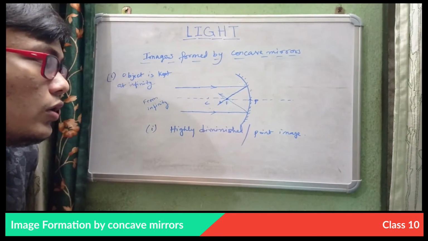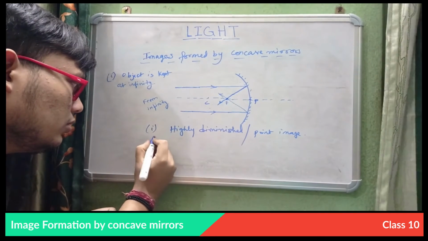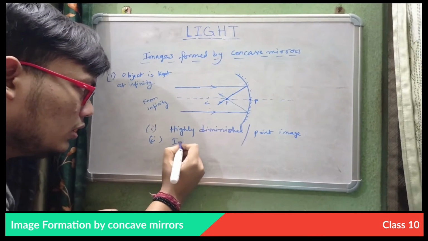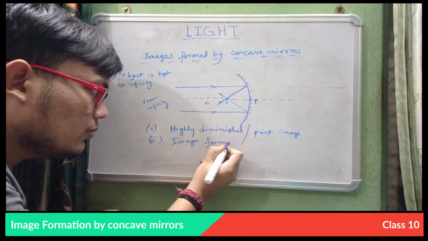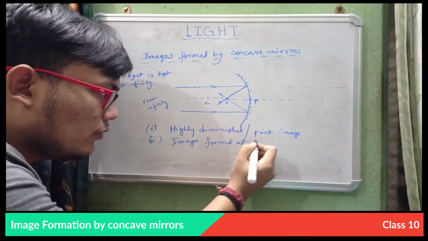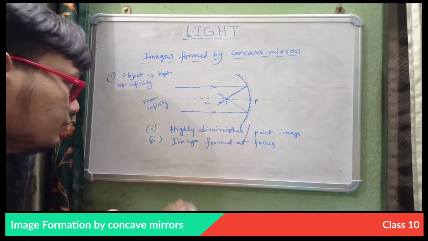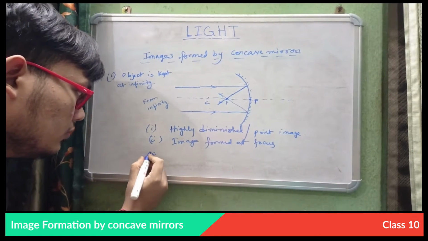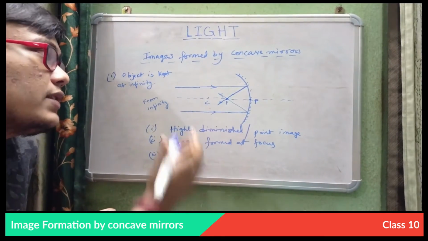Where is the image formed? It is formed at focus. And what is the third one? The image is formed on the same side of the mirror as that of the object.